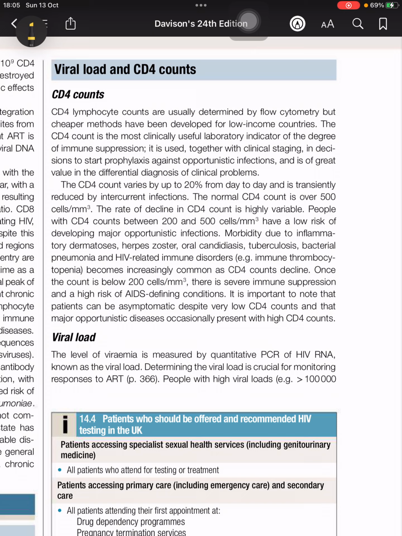Once the count is below 200 cells per cubic millimeter, there is severe immune suppression and a high risk of AIDS-defining conditions. It is important to note that patients can be asymptomatic despite very low CD4 count, and that major opportunistic diseases occasionally present with high CD4 counts.